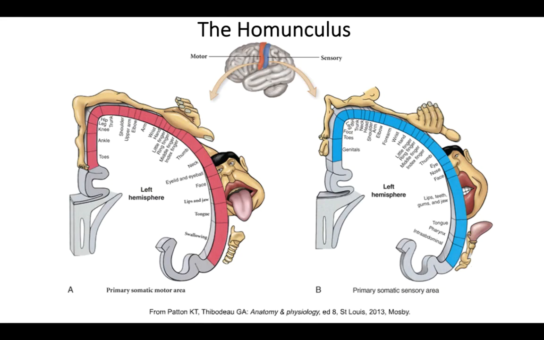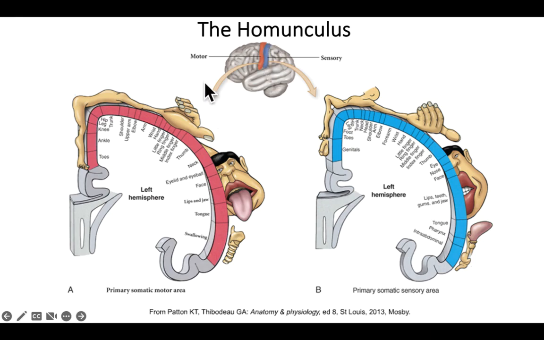What's very interesting is what's called the homunculus. So homunculus is a description of a little man. It's a kind of mythical little man, but what they've done is they've come up with a map of the primary motor. So we're looking at the primary motor here and the somatosensory area here.